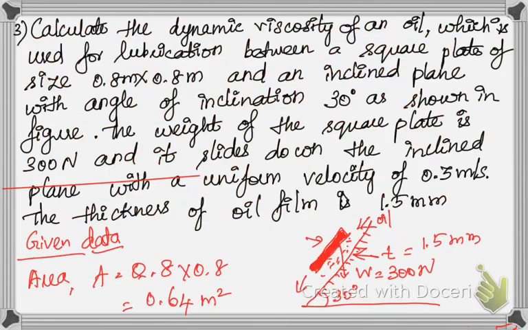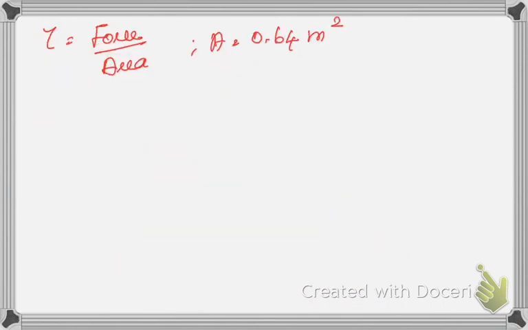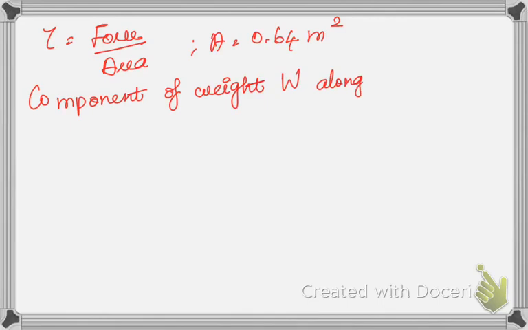Generally, if any object is on an inclined plane, the weight acts in the downward direction, and it is inclined also. So the component of weight W along the plane is equal to W sin theta.